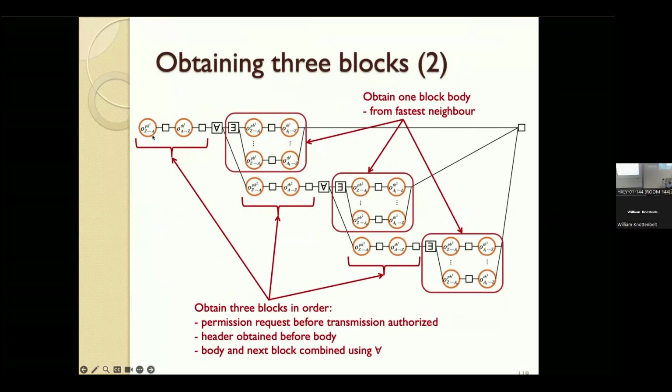So you ask for the request for permission, then you obtain the header before the body, and then you have these 3 all to finish ones, okay? And within these, you have a first to finish. So here you will ask for 1 block body from the fastest neighbor, but you do it for 3 blocks in order, okay? And you're dividing it into header and body.